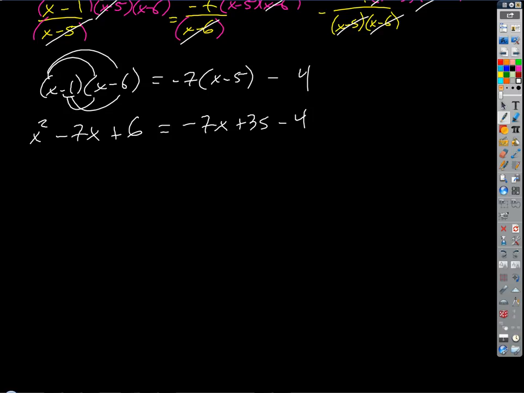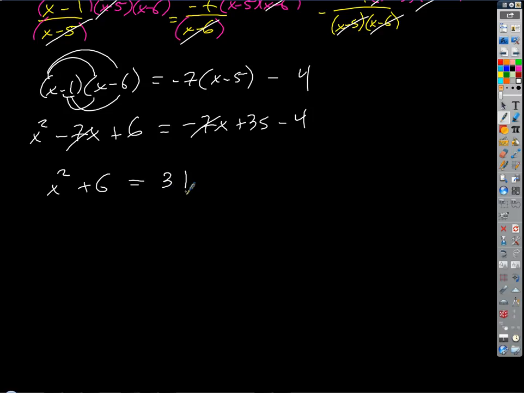But you see something going on, don't you? If I add 7x to both sides, what's going to happen? They're going to cancel, aren't they? I've got a negative 7x on both sides, so those cancel. That helps. Then what are we left with? I've got x squared plus 6 equals 35 minus 4 is 31.